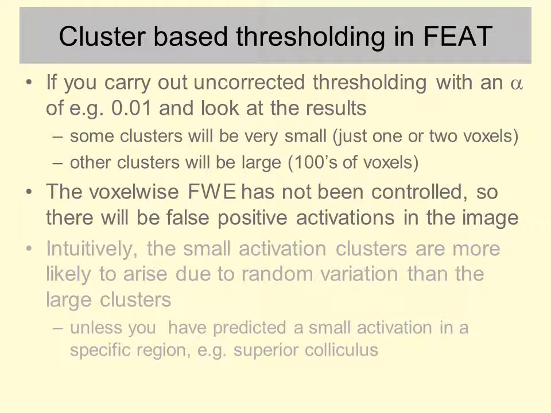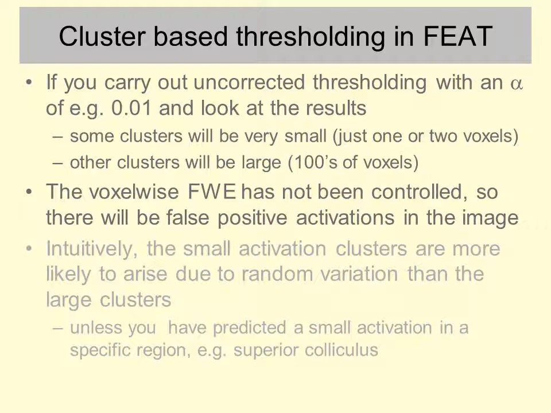Now you know that you haven't taken into account the number of voxel-wise comparisons, so with an alpha of 0.01 you'll definitely have some false positive activations in the image, maybe 1 in 100 voxels are falsely activated.